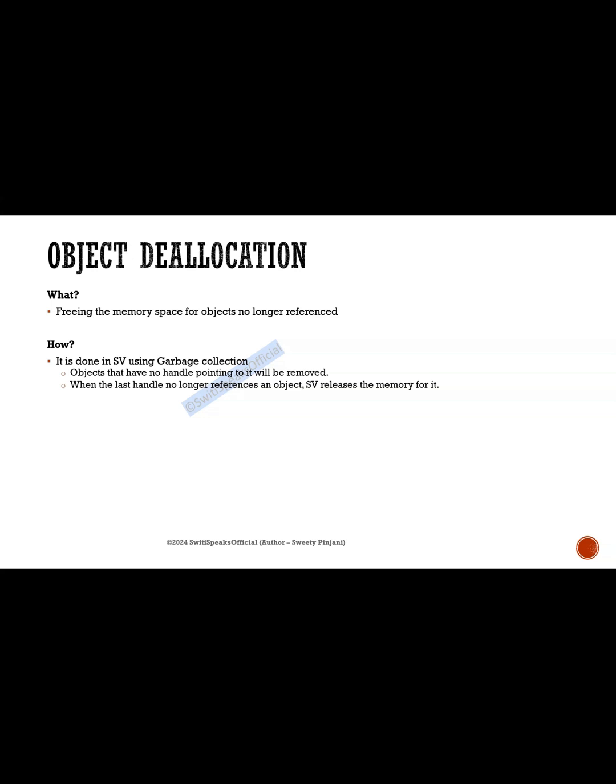When the final handle, the last handle which was referring to the object, is also no longer referencing the object, first one handle was removed, now the second handle is also removed. It means in the current situation the object is no longer referenced. There is not even a single handle pointing to your object.